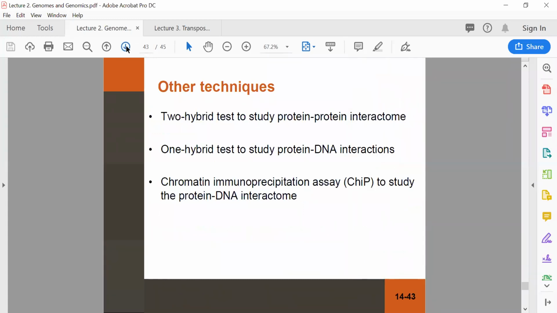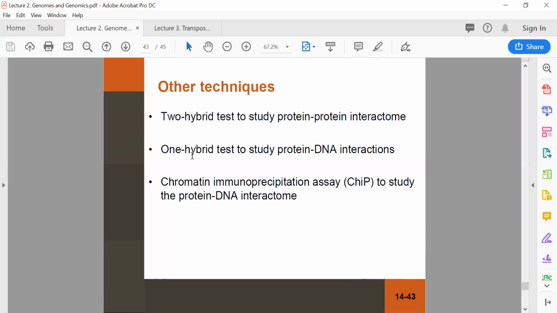All right, just for your interest, here are some more techniques that have been commonly used in genomics. Here's a technique called a 2-hybrid test, which is used to study which proteins bind to other proteins, in other words, the protein-protein interactome.